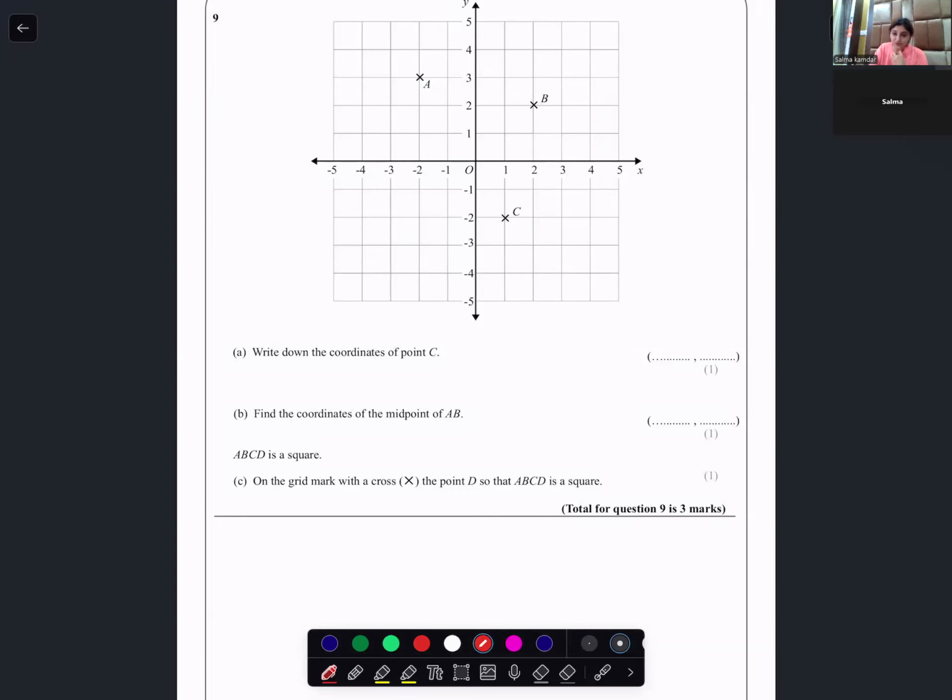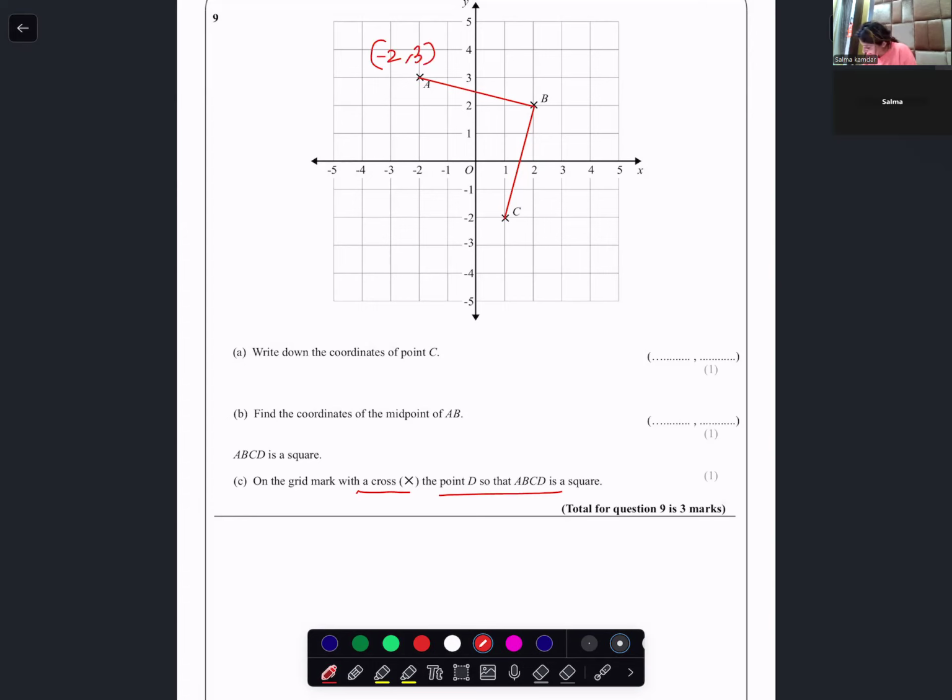There is one different question over here. And the question is, ABCD is a square. Mark with a cross the point D so that ABCD is a square. Now I will connect A to B, B to C. Now I want D. The coordinates of point A are -2, 3.